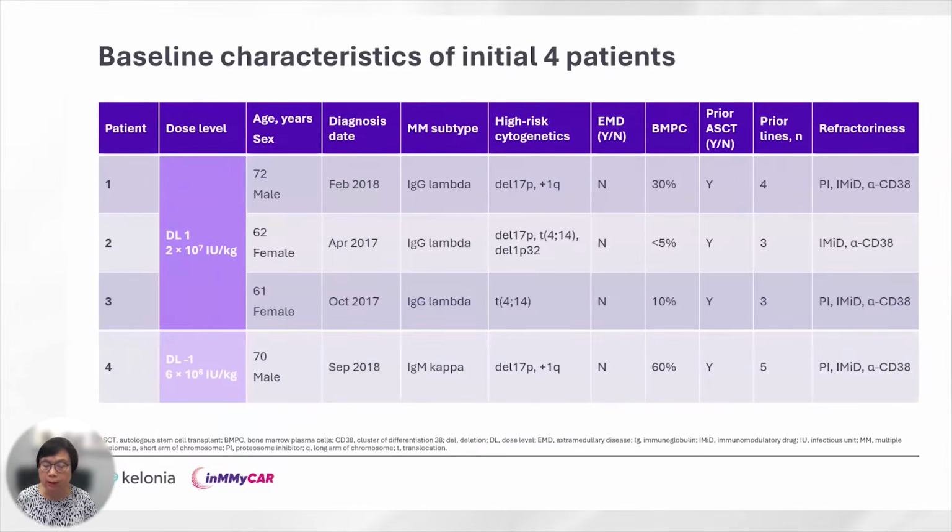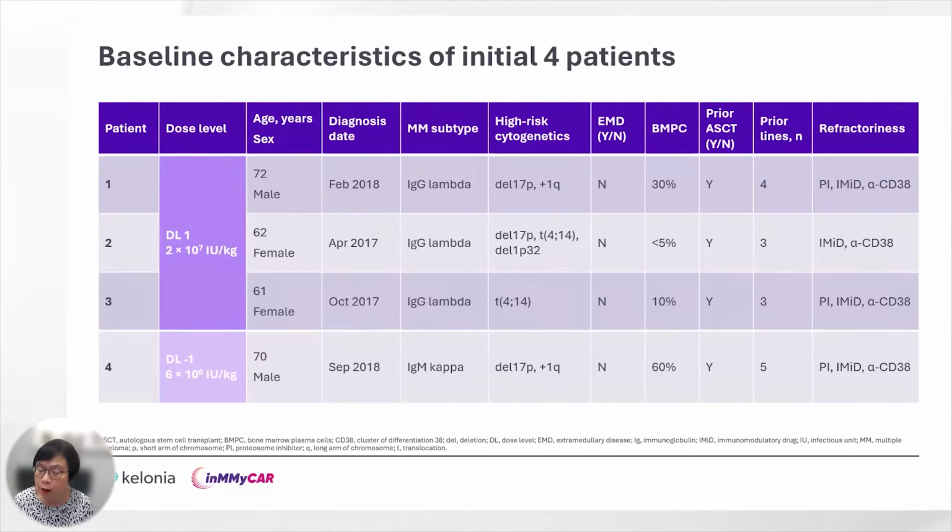So as you can see here, the baseline characteristics of the initial 4 patients are summarized here with ages between 61 and 72. All 4 patients had high-risk cytogenetics, including deletion 17p, amplification 1q, and deletion 1p. They had received 3 to 5 prior lines of therapy.